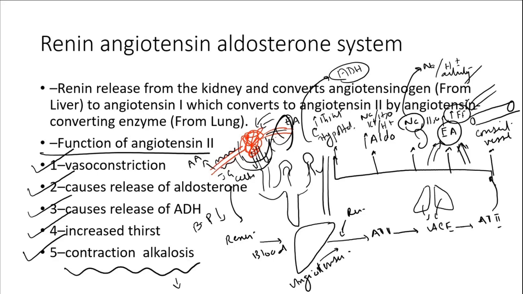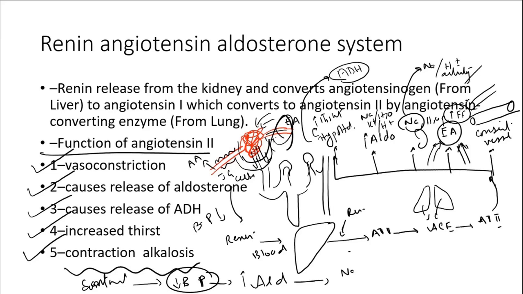So whenever there is low blood pressure, aldosterone level will go up. We know that now. Increased aldosterone. So low blood pressure is basically, you can also call it contraction. Increased aldosterone will cause reabsorption of sodium along with water, and it can cause excretion of potassium and hydrogen.